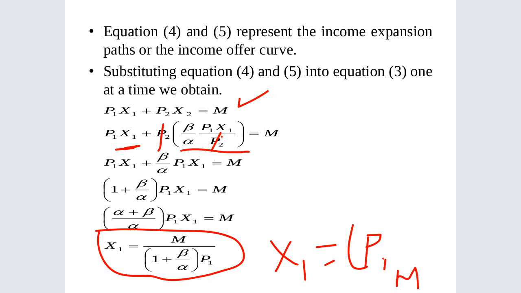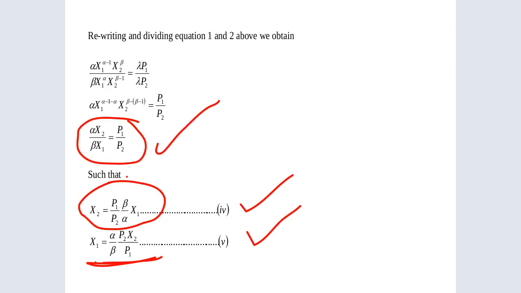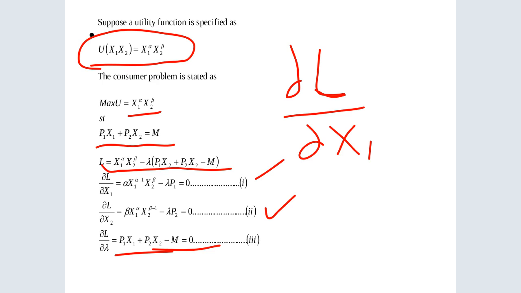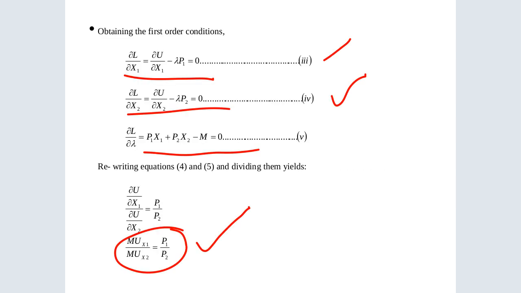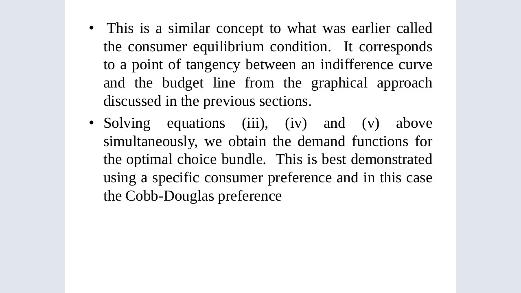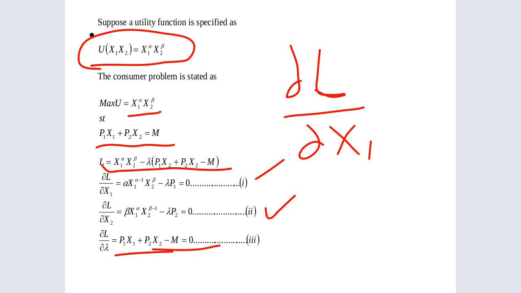So if I take you back again, if we have a utility function, which is the Cobb-Douglas utility function, like this one here. The first step is simply to formulate the consumer problem.